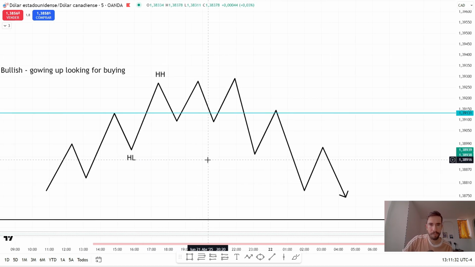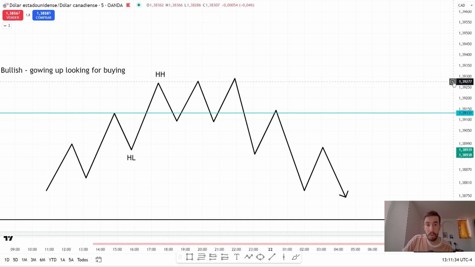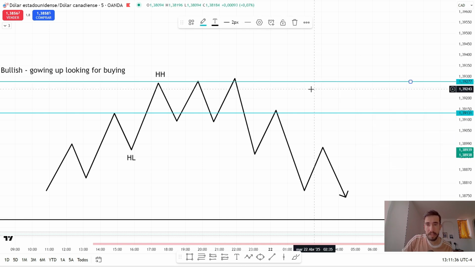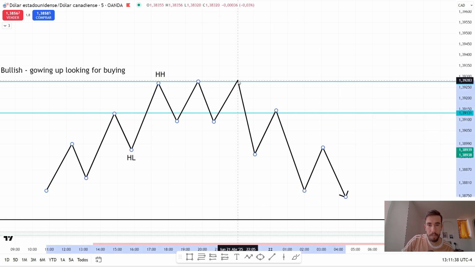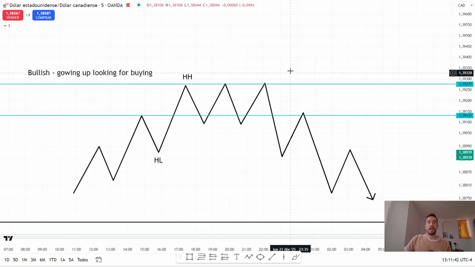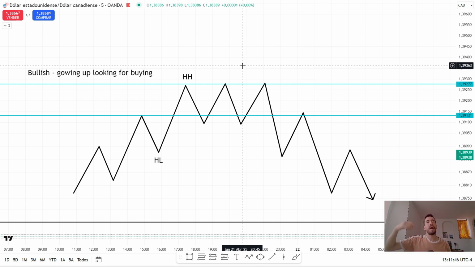Now what happens at some point, and this is what we're going to master understanding: at some point the market is not going to give you a new higher high anymore.